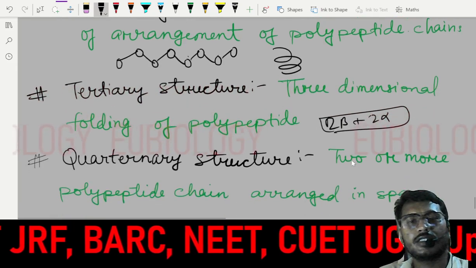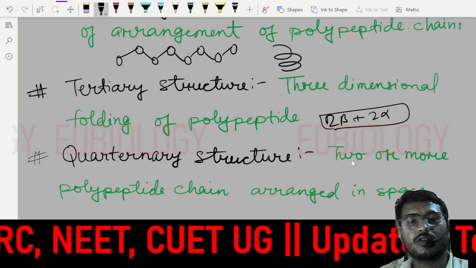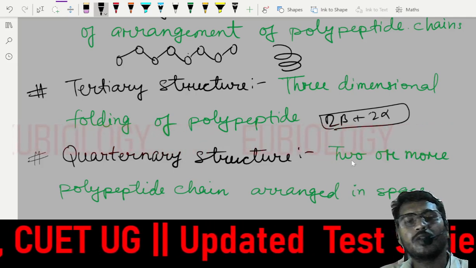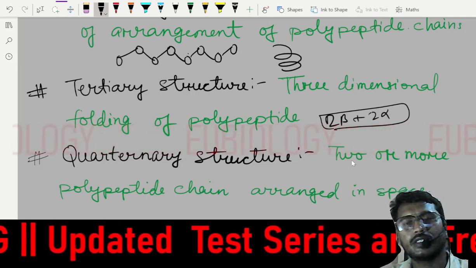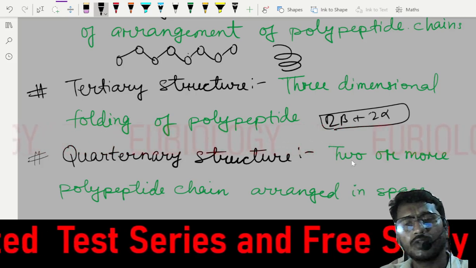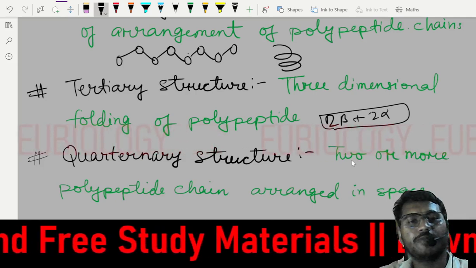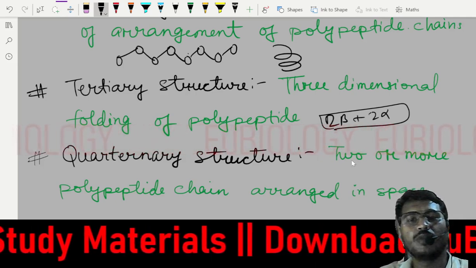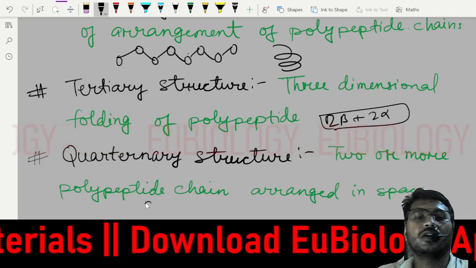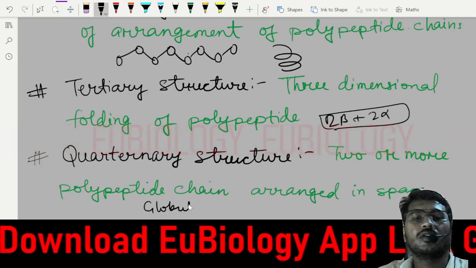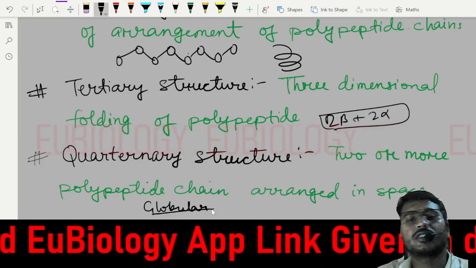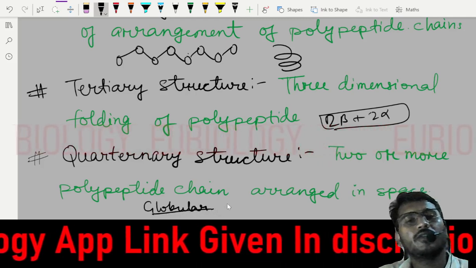Then it will be called a tertiary structure. So what is the quaternary structure? Once two or more polypeptides, like two or more tertiary structures, come together and make an arrangement in space, so it will become like a globular structure. Then it is called a quaternary structure. So this is all about the four structures.